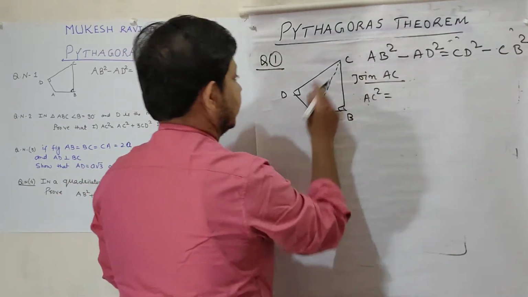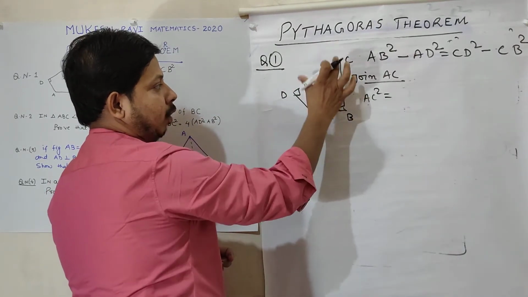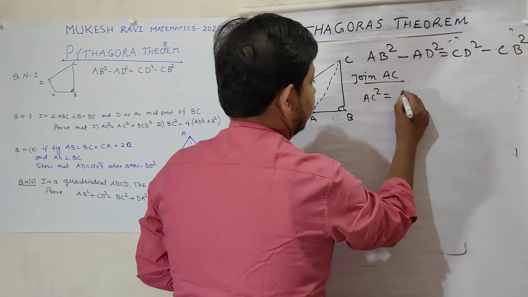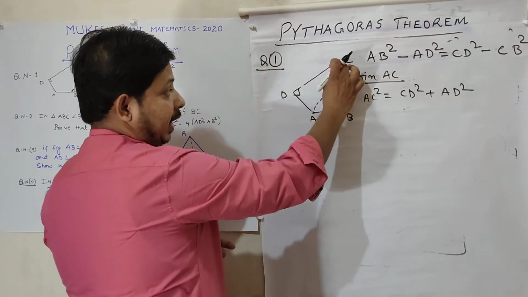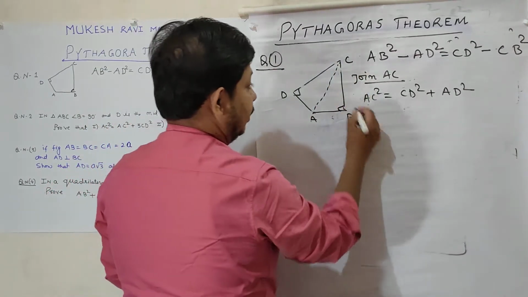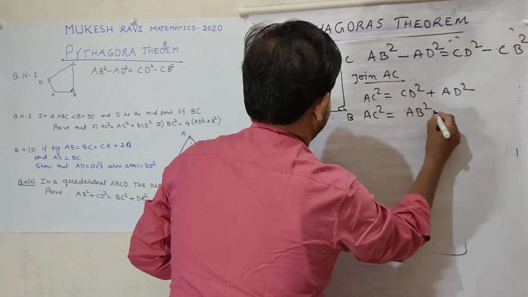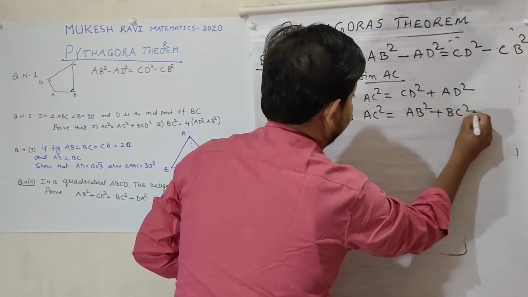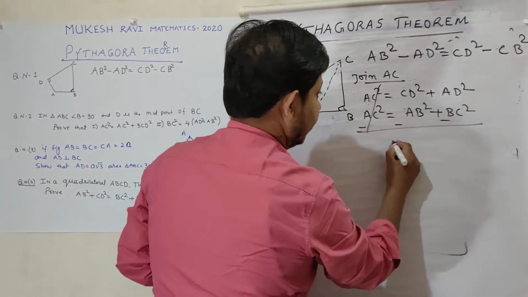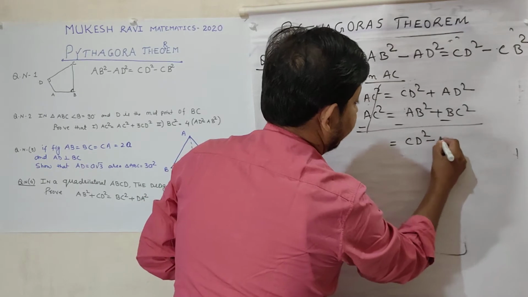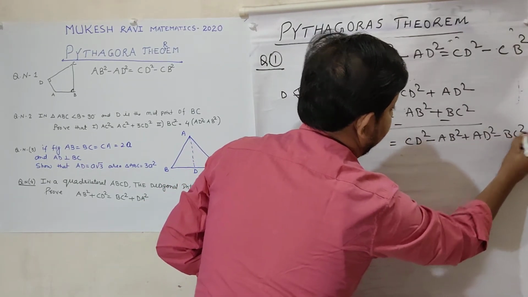Now you check this AC. AC square is equal to height and base, or perpendicular and base. This is CD square plus AD square. And then again in this triangle, AC square is equal to AB square plus BC square. Now subtract. 0 equals CD square minus AB square plus AD square minus BC square.